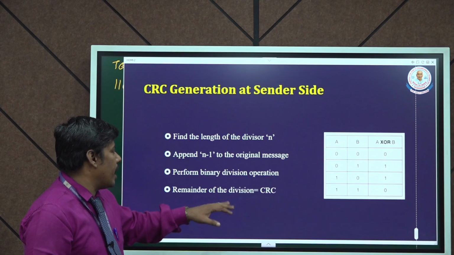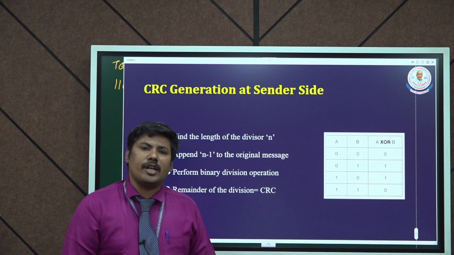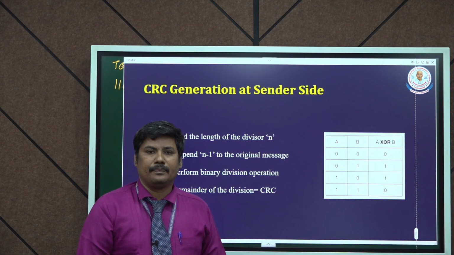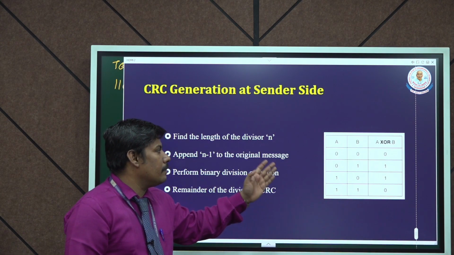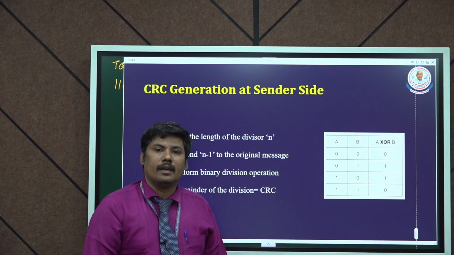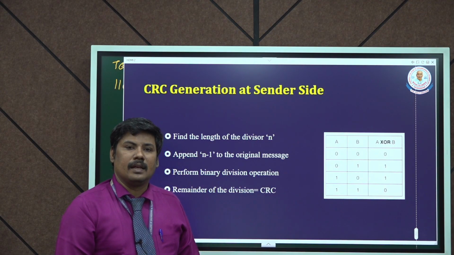Before we perform the binary division operation, we must know about the XOR operation, exclusive OR. We must recall this truth table. Here A is a variable and B is a variable.